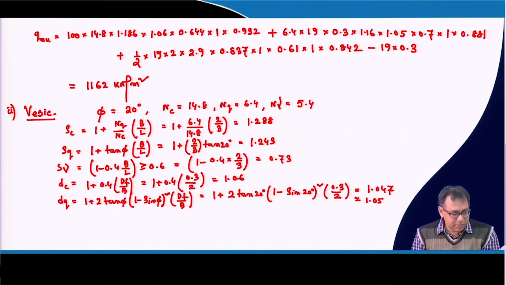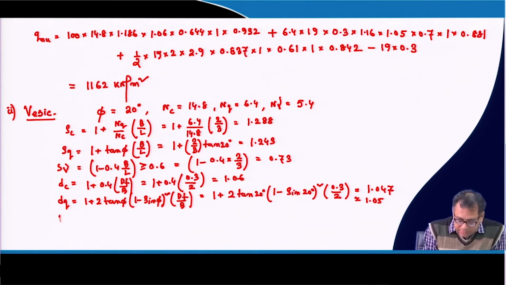Okay. So, 1.05 also you can consider. That is because it is 1.047, and then D gamma is equal to 1.